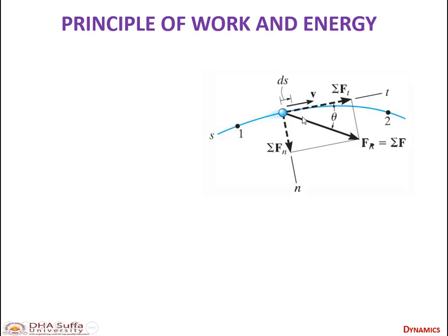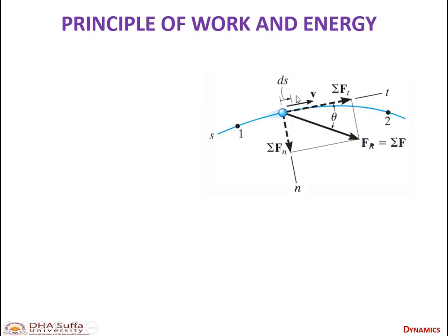At a certain point, the particle is subjected to a force Fr, which is a combination of multiple forces. Just like in the previous chapter number 13, we have a force along the tangential direction, and a force along the normal direction toward the center of the radius of the curve.